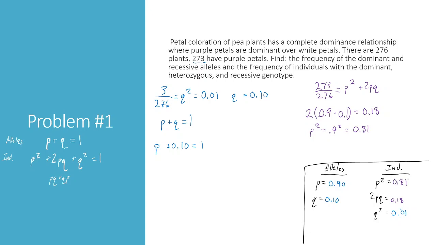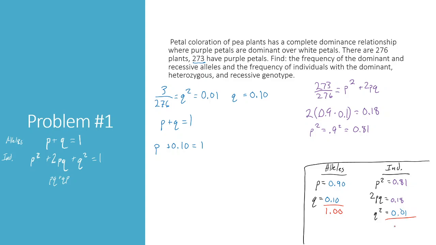Okay, so we found all the information that the problem has asked us to find, and a final check that I think is always useful to do, just to make sure you're on the right track, that you've calculated things correctly, is to make sure that whatever numbers you have are adding up to 100% or adding up to 1.0.